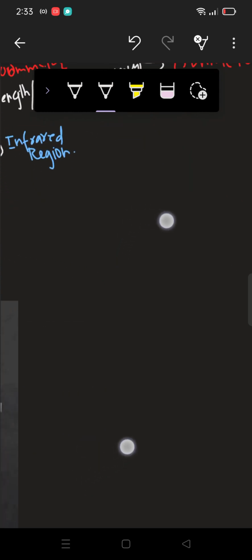Let me write this here. Spectrum. We have already discussed what a spectrum is. It is a band or a series of radiations, either in increasing or decreasing order of wavelength or frequency.